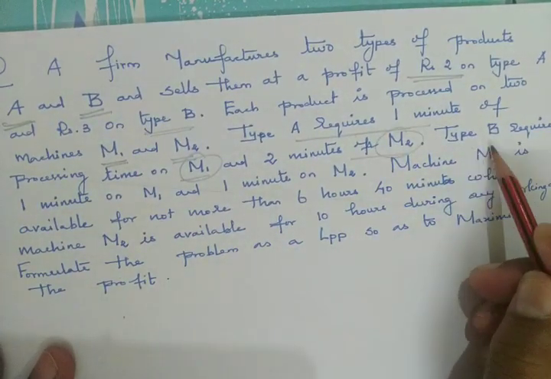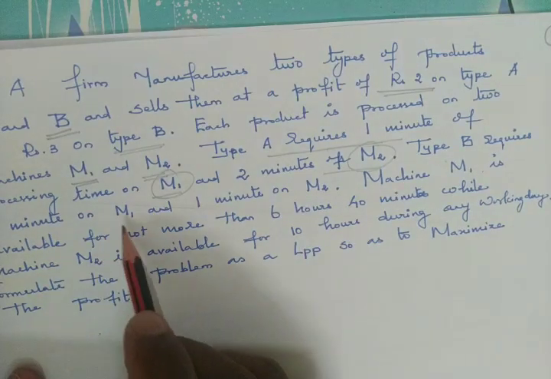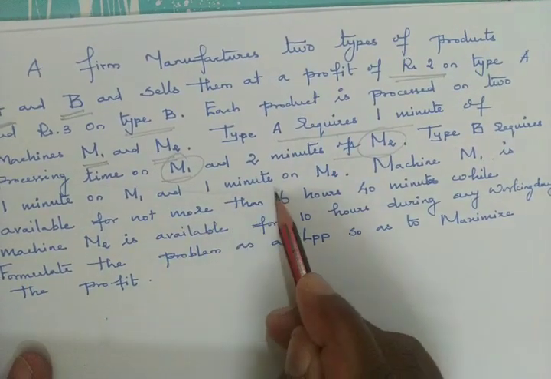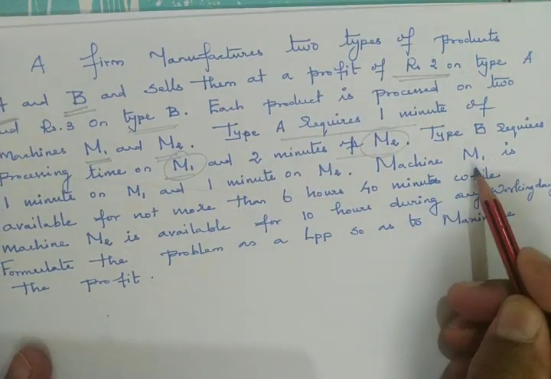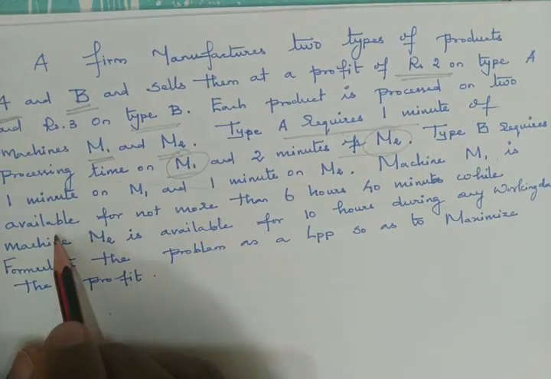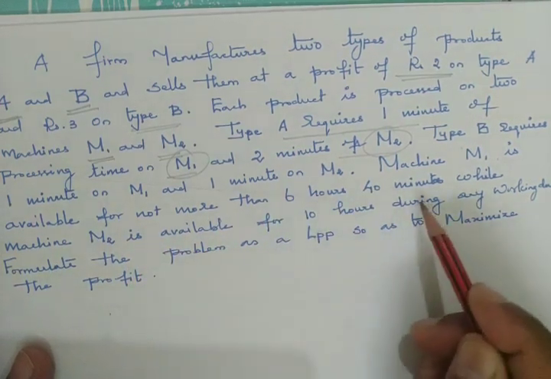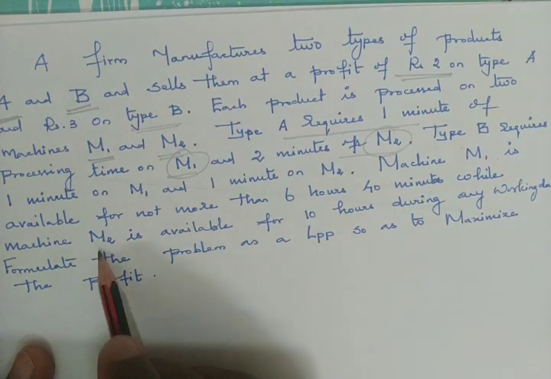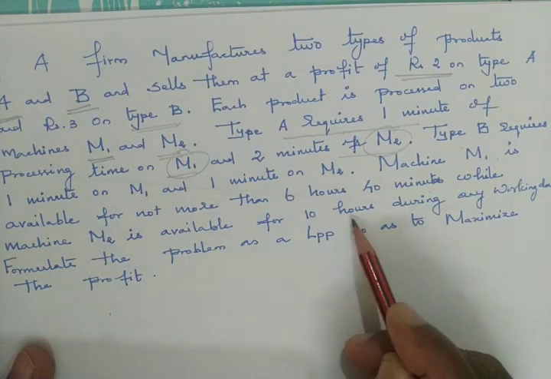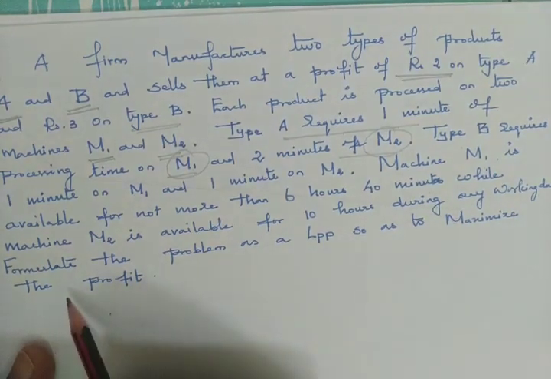Similarly, type B requires 1 minute on M1 and 1 minute on M2. Machine M1 is available for not more than 6 hours 40 minutes, while machine M2 is available for 10 hours during any working day.